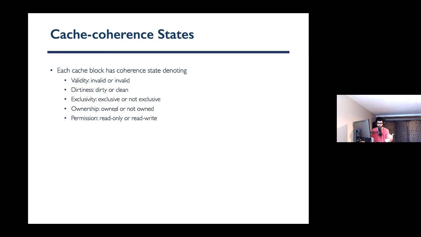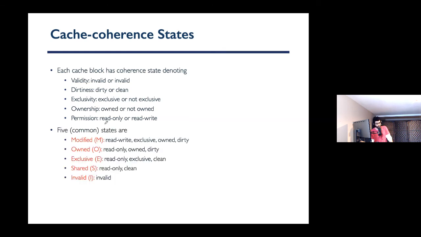And then you have permission. It could be read-only or read and write. If a CPU has read-only access to a location, it can only read from that location. If it has read and write, then it can read and write to that location. So these are the states for a pair of CPU and memory location.